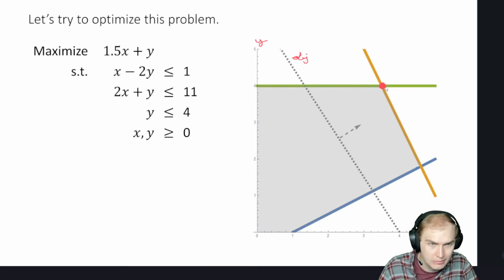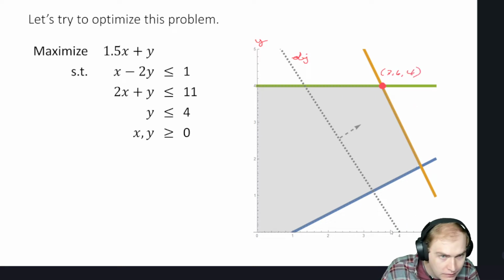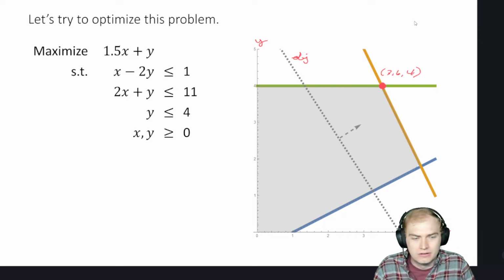I don't know off the top of my head what that is. I think it's like 3.64, maybe, something like that. And you can see that because this is a two-dimensional problem.